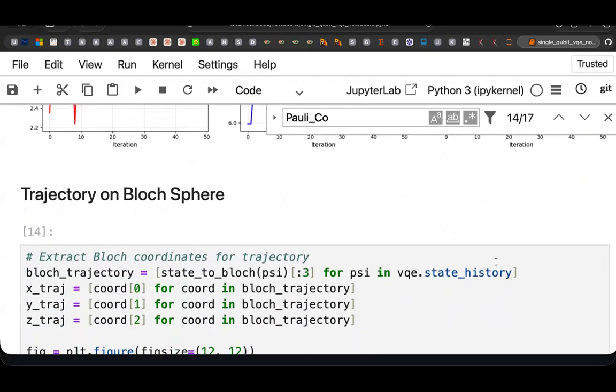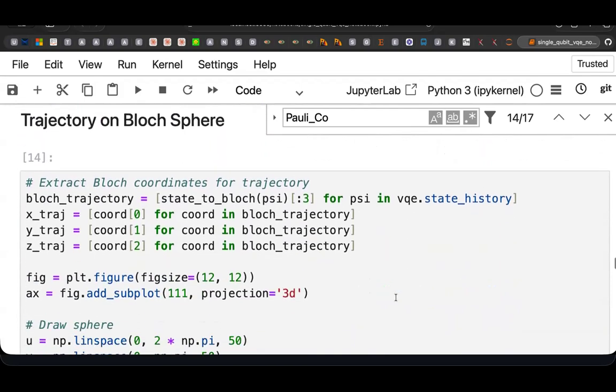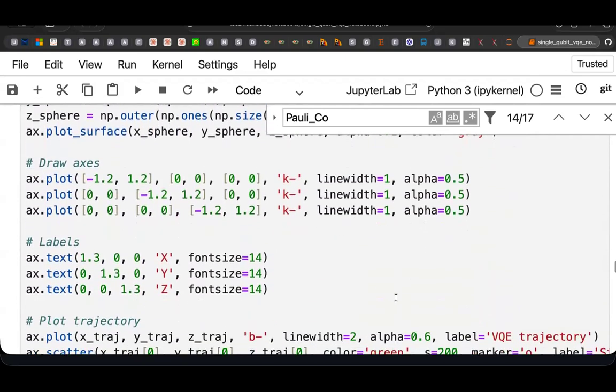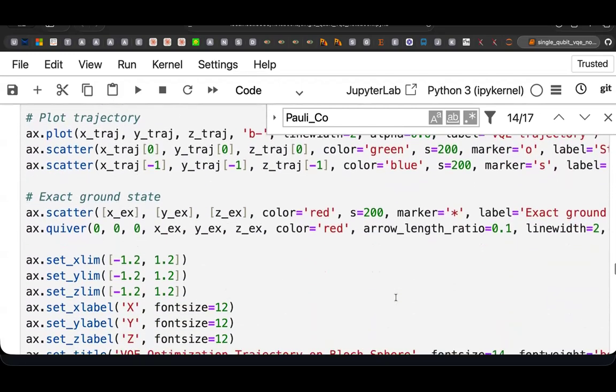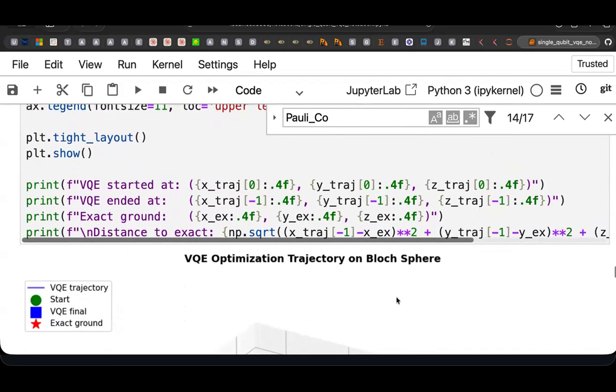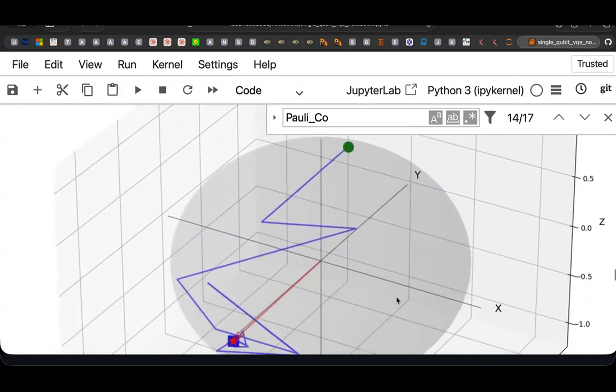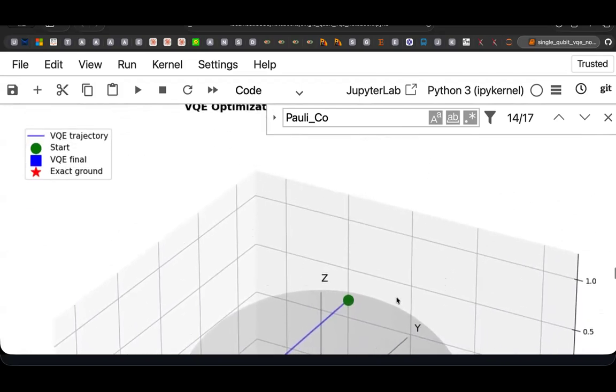What is nice to look at, if you want to visualize this, is actually a trajectory on the Bloch sphere. So if we now just scroll down here, this is just a plot of how these angles develop as a function of the number of iterations of the optimization algorithm. So you could now see, if you look at this one, this is where you start.